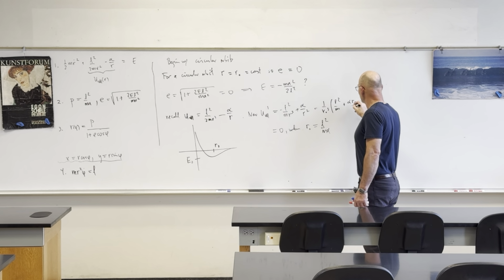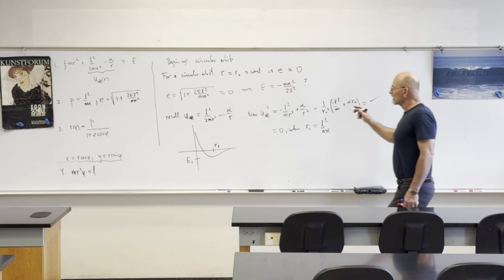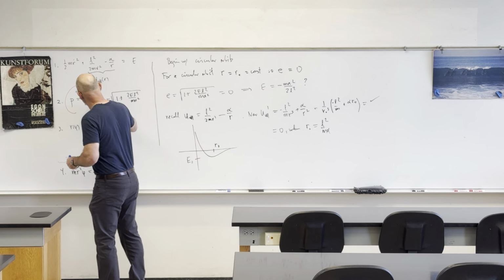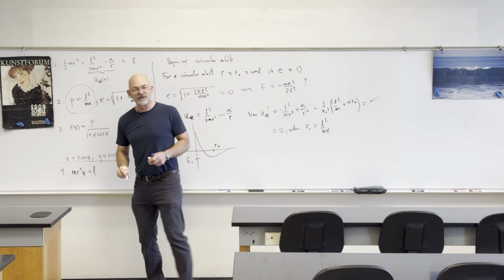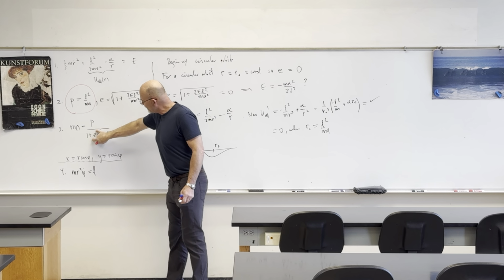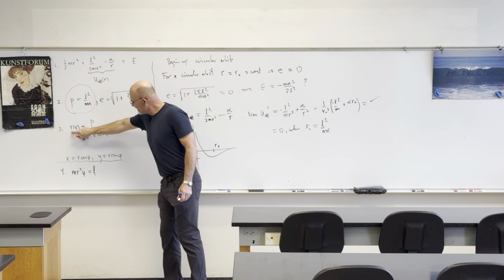So good. R naught is L squared over M alpha. And look over here, that is L squared over M alpha, which is the parameter P. So that's the radius of the circular orbit. And then there you have it, right? E is 0, R is equal to P, which is equal to L squared over M alpha.